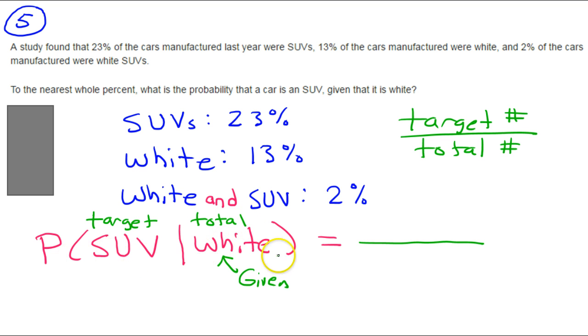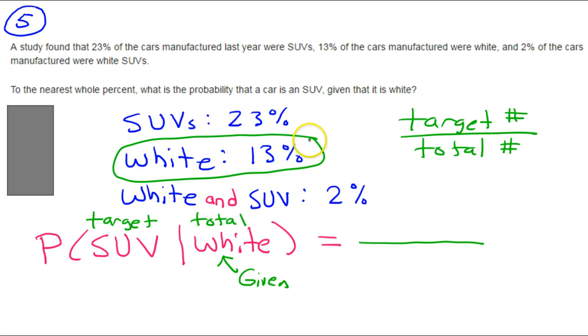All right, so when you're given a conditional probability like this, you're being given the target and you're being given the total. So in other words, white cars, that's what we're given. That is the total. All right, that's the whole, that becomes the entire universe at this point. So the total is 13%.